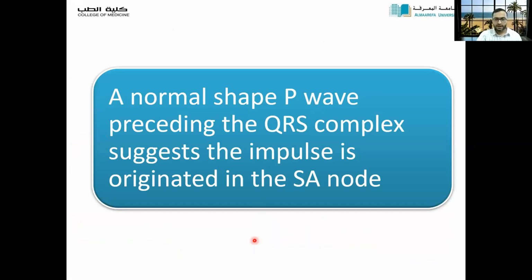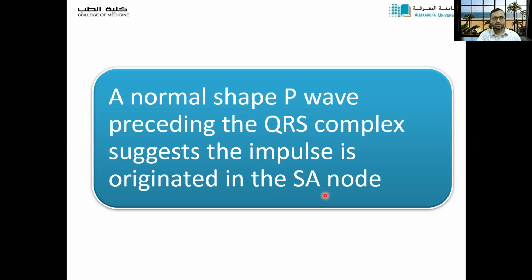One more important thing I want you to fix in your mind, make a knot in your neurons, about the P wave that we are going to utilize when we are analyzing arrhythmias. A normal shape of P wave preceding the QRS complex suggests the impulse is originating in the SA node. Remember this, it is suggestive. I'm not telling you that the P wave indicates the beats are originating in the SA node.